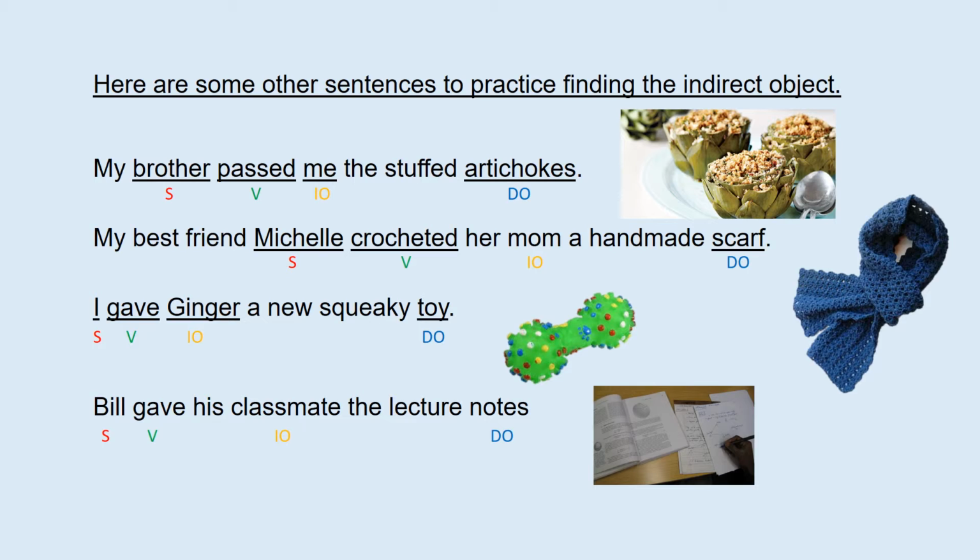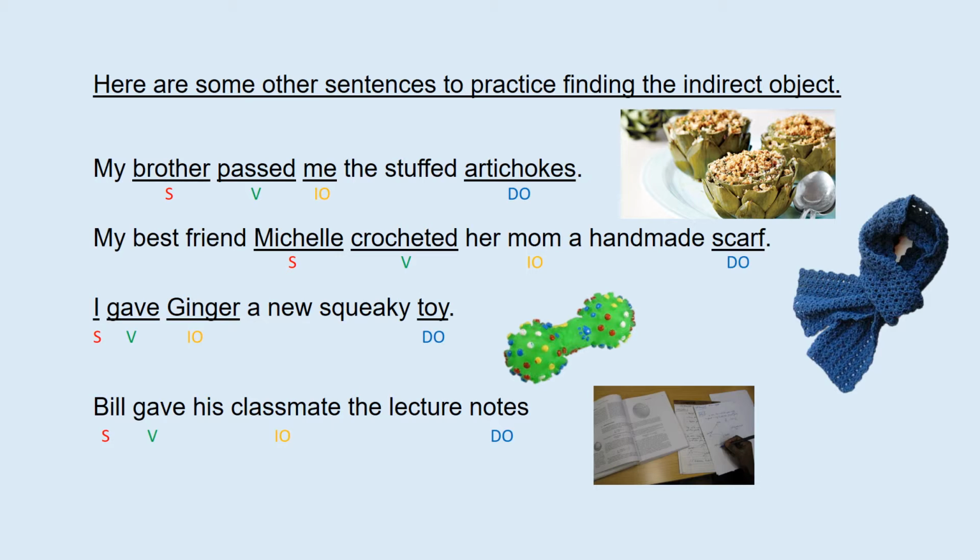I is the subject, gave is the verb. What did I give? Well, we know that a direct object and an indirect object for that case is going to come after the action verb.